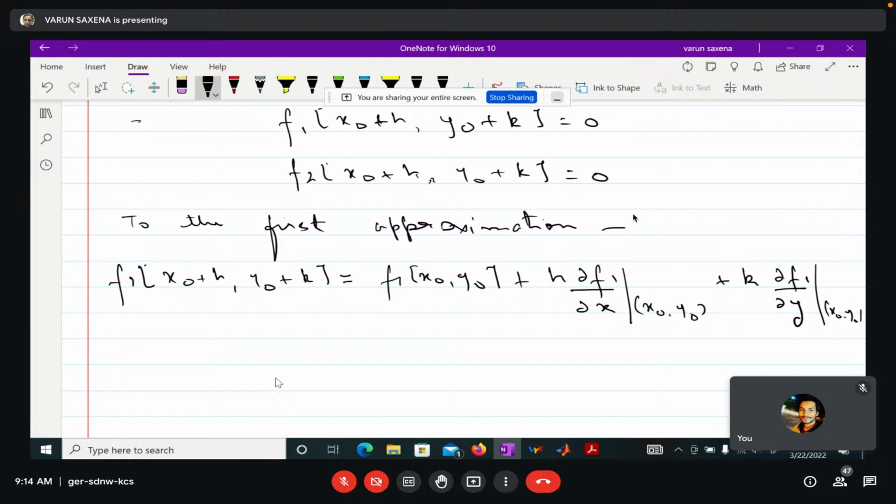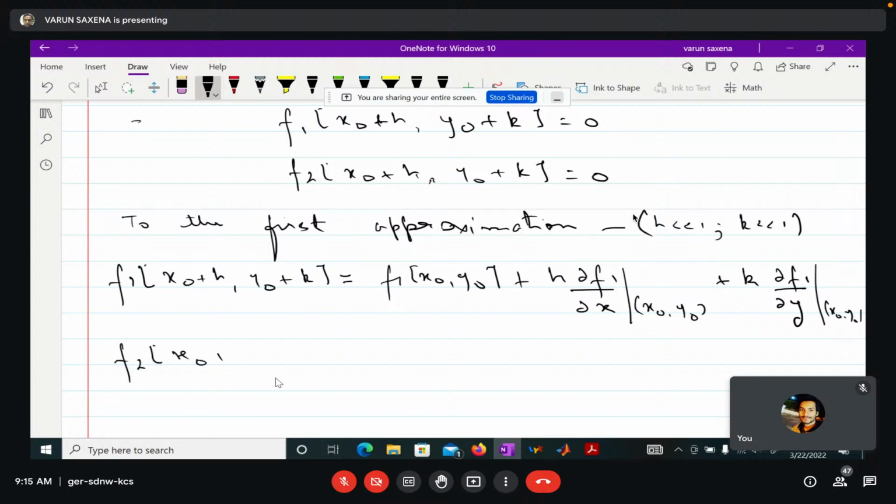So here, now that there are two variables, there is one differentiation with h and one with k. Then in the next term, h square by 2 factorial del square f1 by del x square at x naught y naught, plus k square by 2 factorial del square f1 del y square at x naught y naught, plus h cube by 3 factorial, and it will just continue like that. We don't really need to go there because up to first approximation is okay, because we are assuming that h is much less than 1 and k is much less than 1. We stop here.